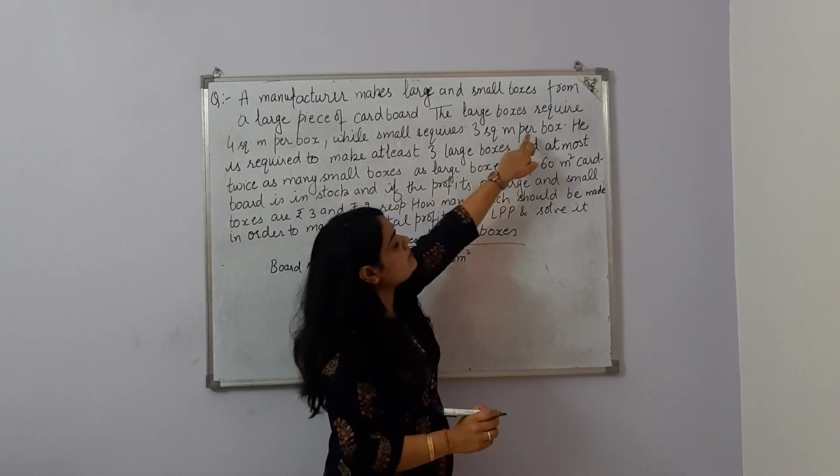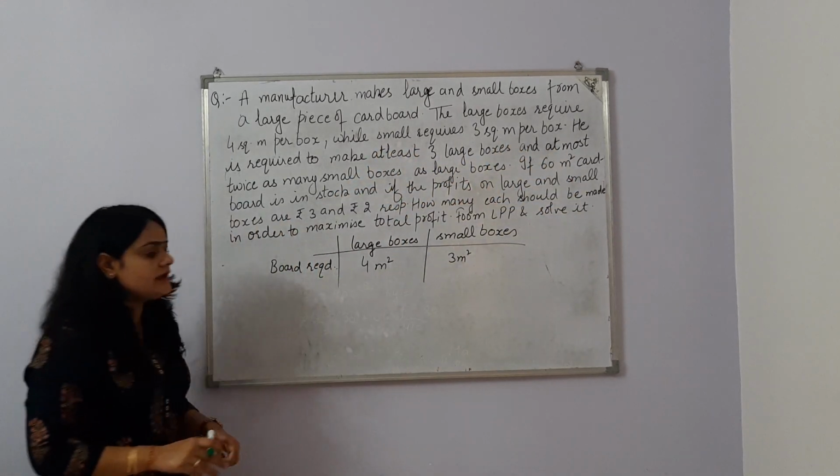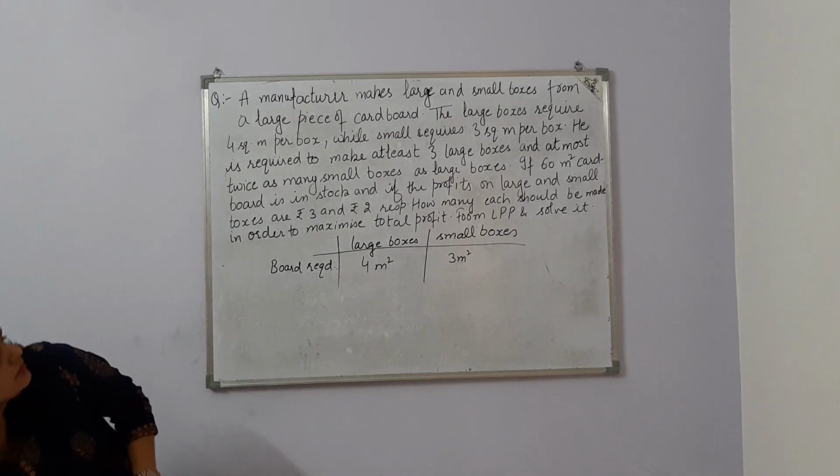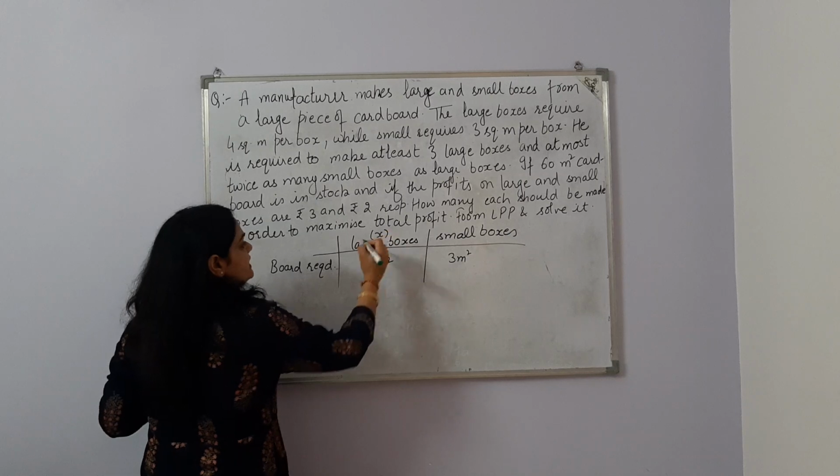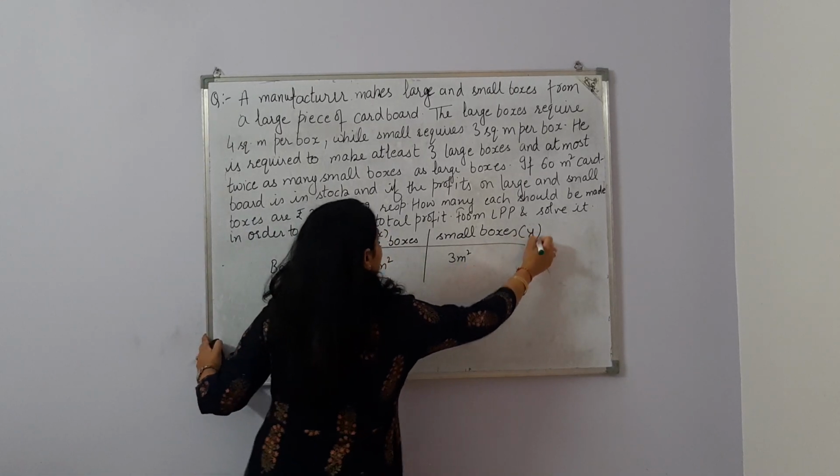And he is saying per box. Again it is saying per box. We can say the large boxes are X and small boxes are Y.